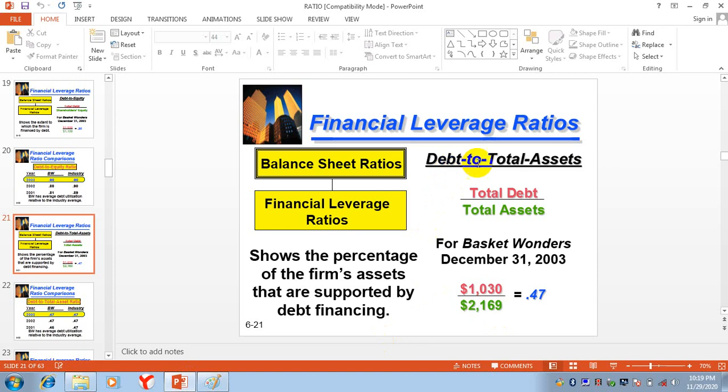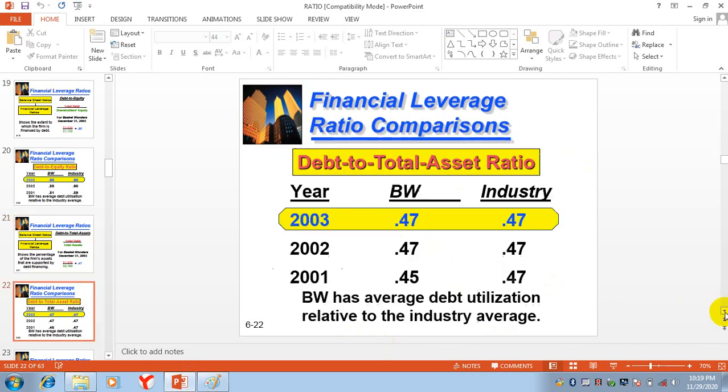So debt to total assets shows the percentage of debt in your total assets. So the percentage of debt is 47%. In the internal analysis, it was 45%, then it goes to 47, then 47, and the industry is on the same level. So Basket Wonders has average debt utilization relative to the industry level.